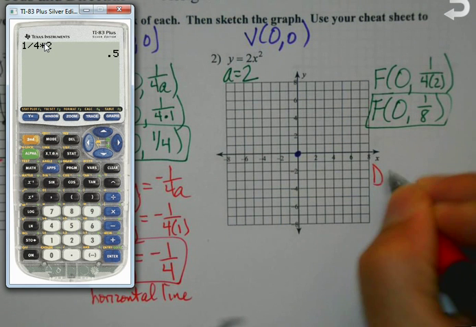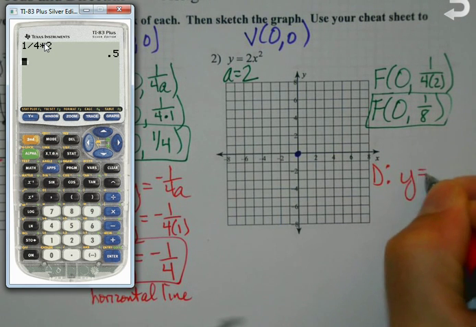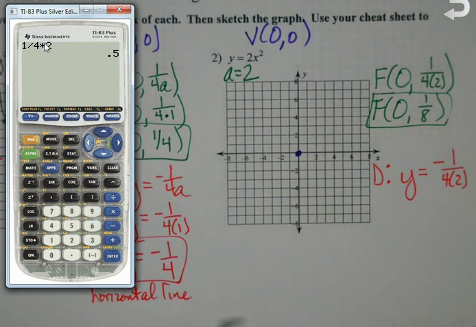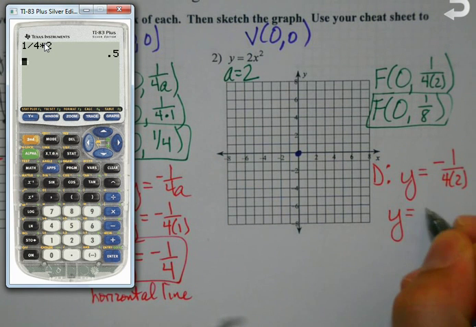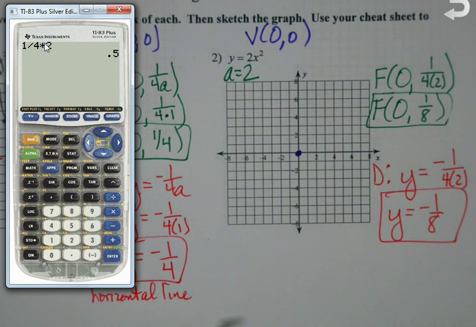So then my directrix is y equals negative 1 over 4a. And so since I just did 1 over 4 times 2, this is going to be kind of easy. And I can get that part.